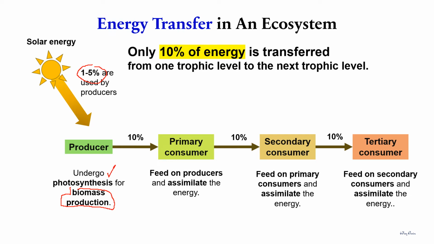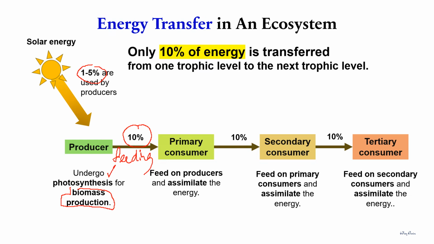And through the feeding relationship, when the primary consumer feeds on the producers, only 10% of energy from the producer is transferred into the next trophic level, which is assimilated by the primary consumer. The same happens at the next trophic level.